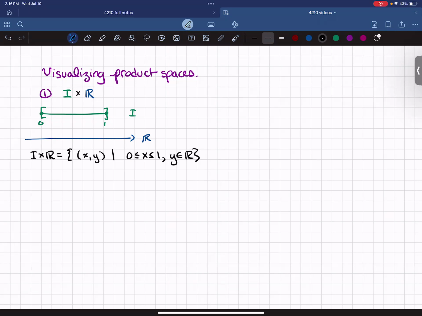So you just want to think of a way to draw a diagram where each point in the diagram could have a unique representation in terms of these two coordinates. All right. So I think one way to do this is to think about I, which is 0, 1. There's my I. And then just imagine that going up and down a whole real number line.